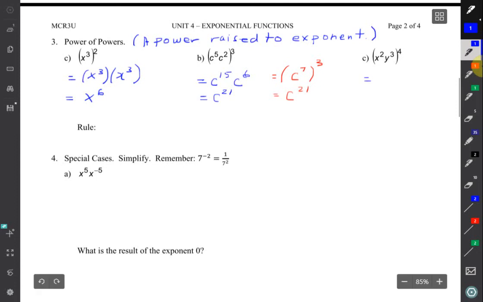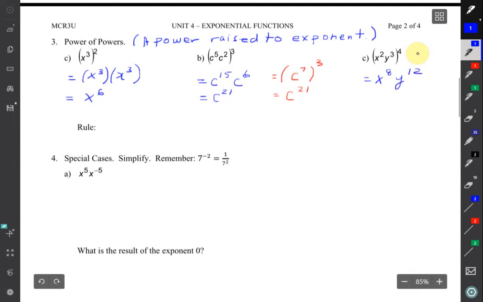Looking at this last power raised to an exponent, these are both different bases, so I can't simplify the bracket this time. My only option is to apply this 4 to both of these factors within that expression. So x to the 2 times 4 is 8, and y cubed raised to the exponent 4 is y to the 3 times 4, which is 12.